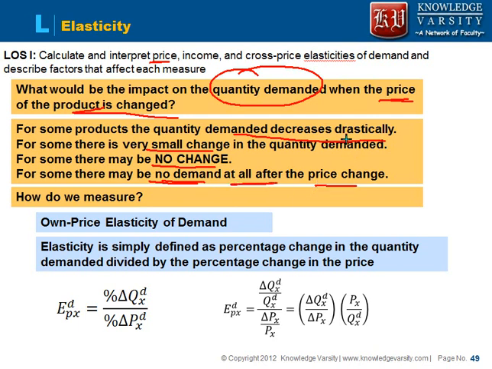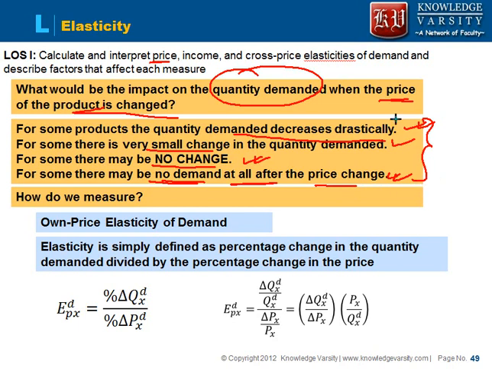So depending on the type of product, some will decrease, some will see a small change, some no change, and for some the entire demand is gone. It depends on what we call the elasticity.